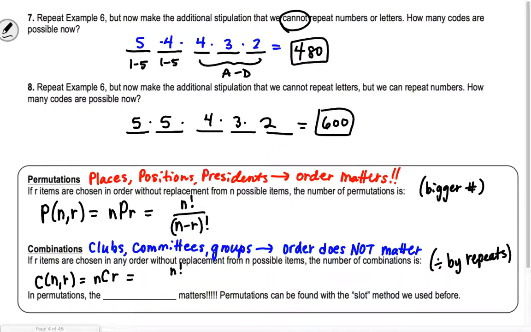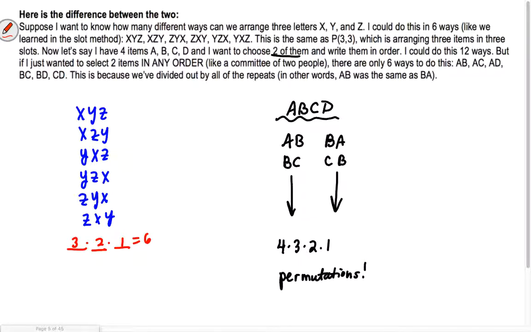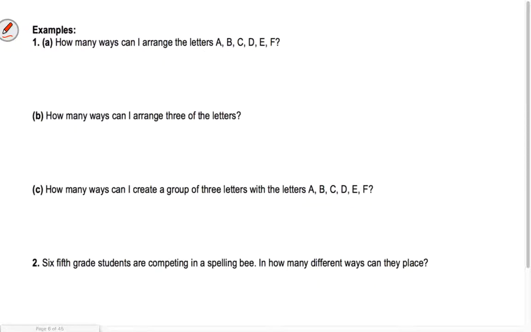So I still have my n factorial over n minus r factorial, but I divide out by the number of repeats, which is an additional r factorial. So that's what's on our denominator there. So r factorial is there. And like I said, in permutations, the order matters. Okay, so I know that's a lot of explaining there, so we're going to do some examples. I know it's really weird when you first learn it.